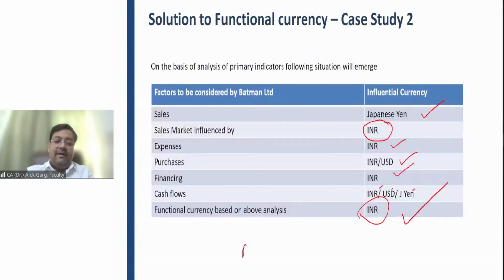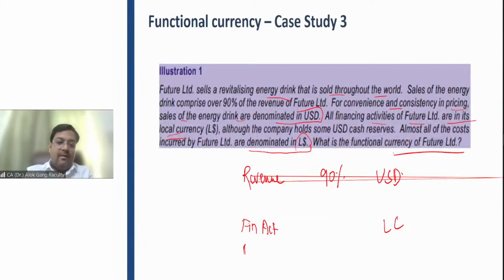This retained cash is maintained in US dollar. Almost all the costs incurred by Future Limited are denominated in local currency.